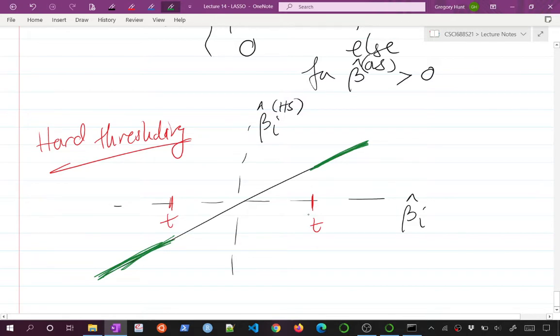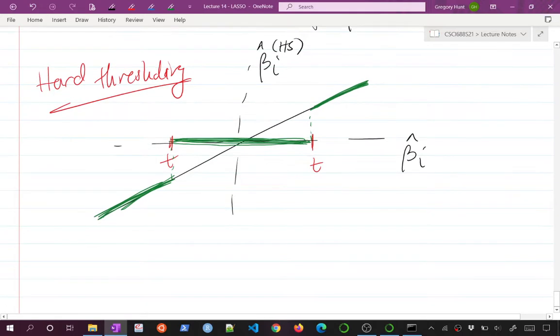And if my beta hat is positive and goes below the threshold, or negative and goes above the negative threshold, it's just going to 0 it out. So it's basically going to 0 this whole region out. It's going to leave everything alone that's large enough in absolute value, but if it's below this threshold, it's going to 0 it out. Hard threshold: you're in absolute value below the threshold, you get 0'd out.